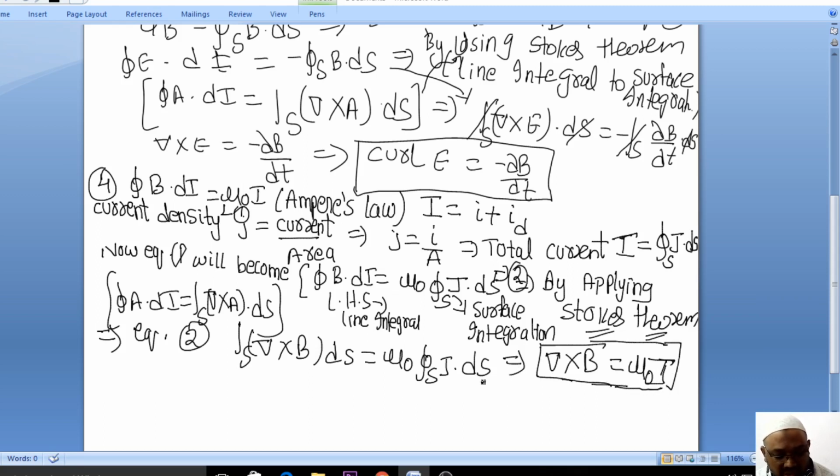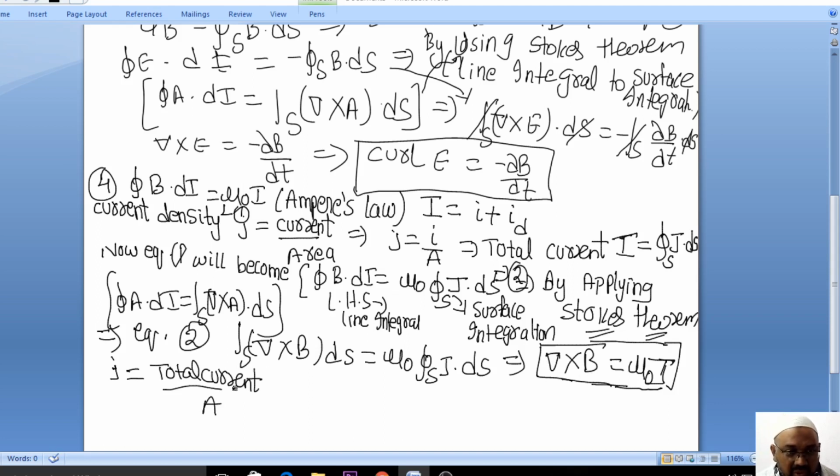Now what is your current density? J is nothing but total current divided by A. Why do we need to calculate what J is actually equal to?